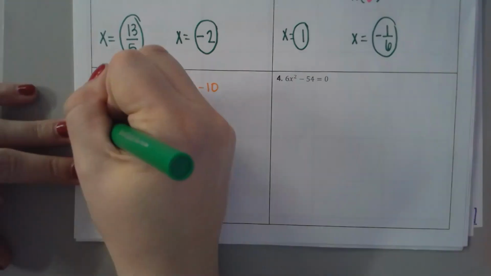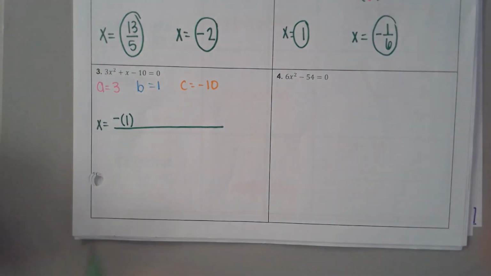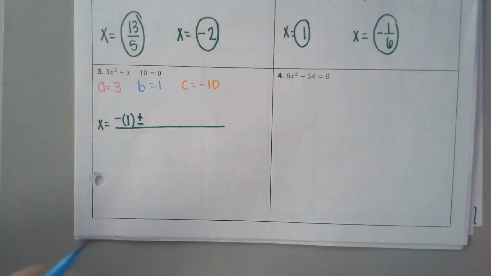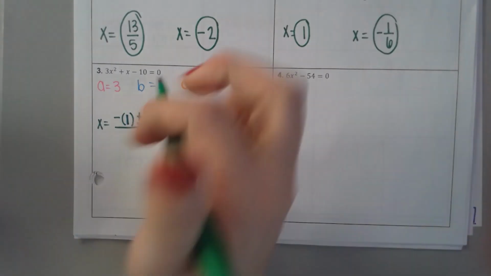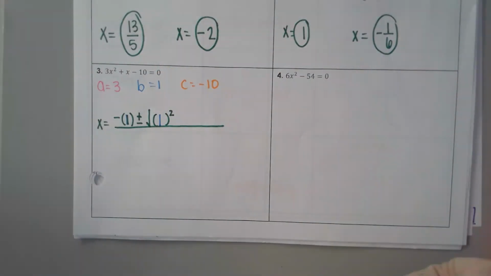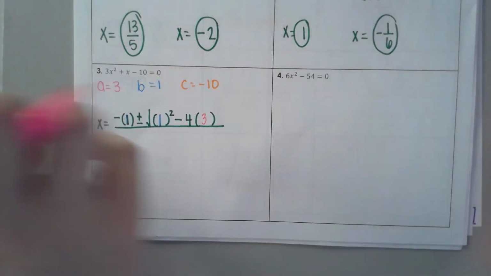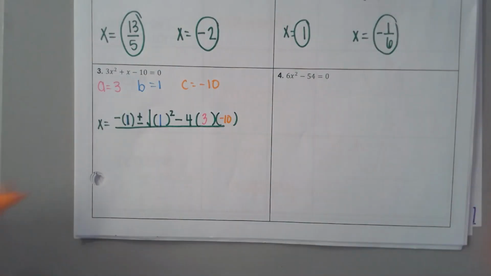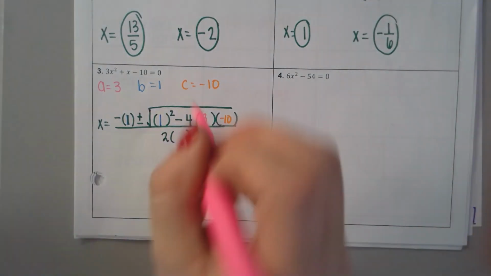Alright, so x equals, we have a fraction, negative 1 plus or minus the square root, and then in parentheses we have our b, which is 1 squared, minus 4, and then a, which is 3, and c, which is negative 10. And all over 2 times a, which is 3.